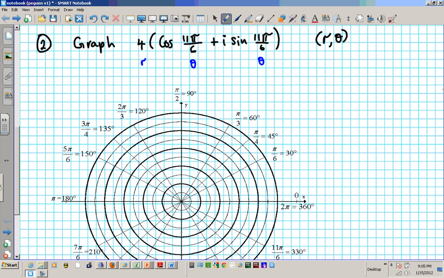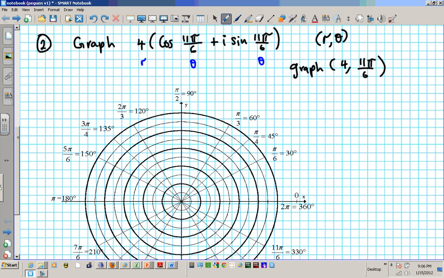So what are we going to graph? We're trying to graph the point r, which is 4, and theta, which is 11 pi over 6. That's what we're trying to graph.